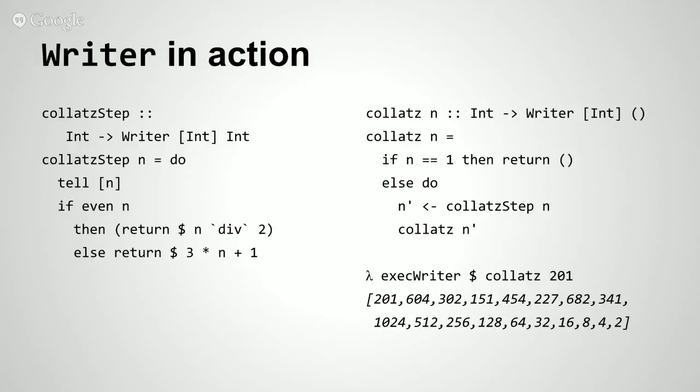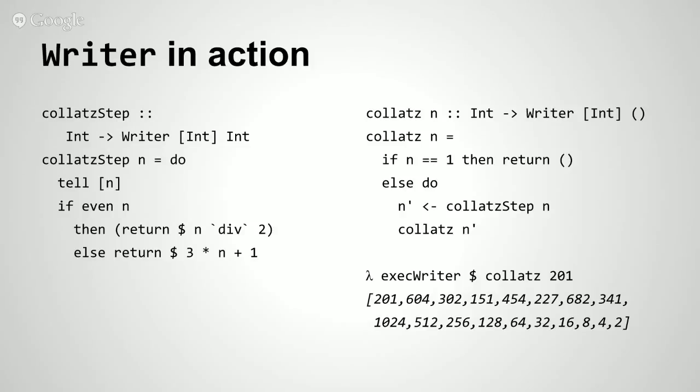So here's writer in action, because it's kind of a complicated thing to talk about without showing an example. Collatz step. The Collatz conjecture is that if you take the iterative process where you start from an integer, if it's odd, you triple it and add 1, and if it's even, you halve it. For example, 201 is odd, triple it and add 1, 604. That's what's at the bottom right.